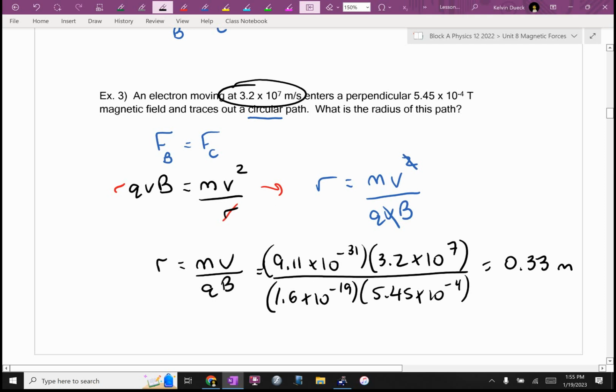We can decide how many volts we're shooting it off with, how much energy per coulomb. We can do that really accurately with circuitry. Or, if we're trying to figure out a mystery particle and we know the radius, we can figure out maybe its mass if we know everything else, or its charge if we know the mass and everything else. So this is some of the particle physics that we do.